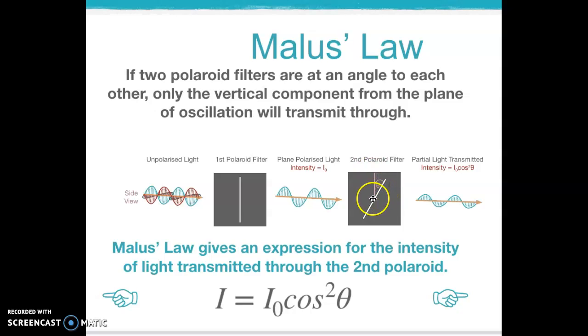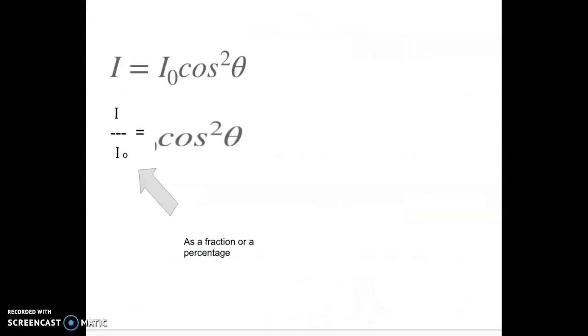So you need this angle, and then you square the cosine of that angle. Another way of looking at that relationship is to create a ratio between the intensity and the original intensity, I naught. So I over I naught equals cosine squared of the angle between the two.